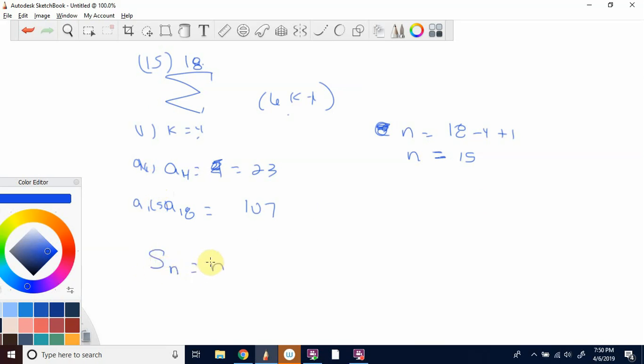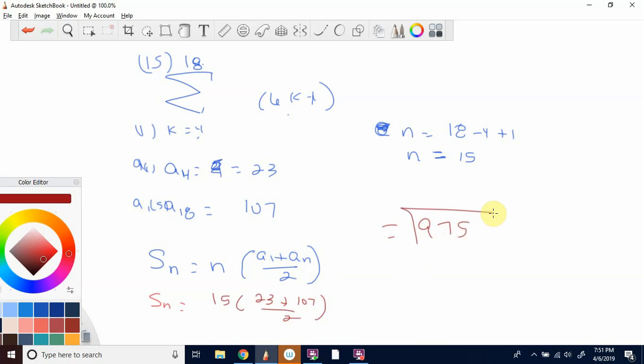S of n equals n times a sub 1 plus a sub n, over 2. So S of n equals, okay, n is 15, a sub 1 is 23, plus a sub n is 107, divided by 2. After doing the math, we get 975.